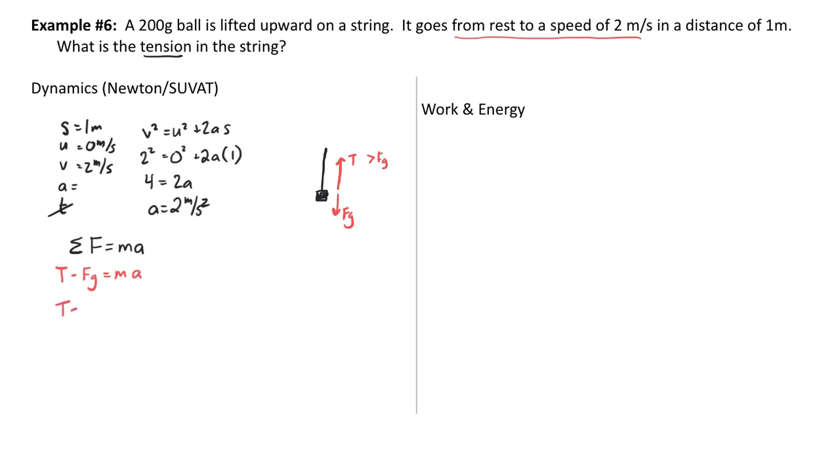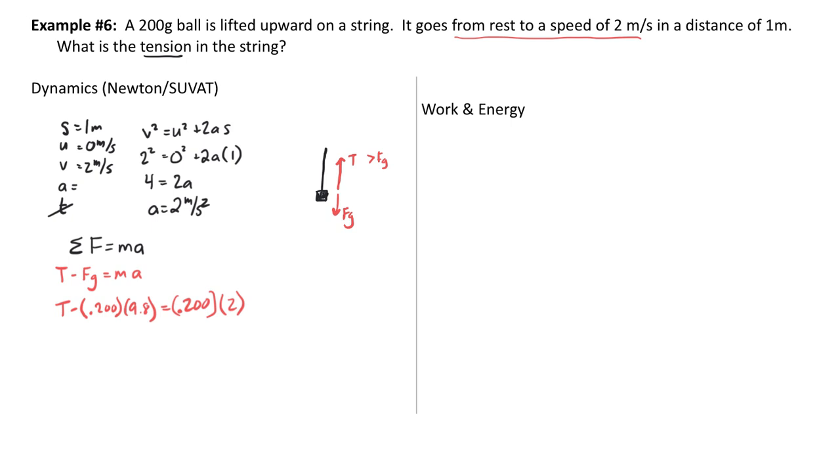Tension minus the force of gravity, which is mg, 0.200 times 9.8, equals the mass, 0.200, times the acceleration that I found in the previous question, which is 2, right? If the tension was equal to the force of gravity, I would have 0 acceleration. In order to have acceleration upwards, my tension needs to be even bigger.